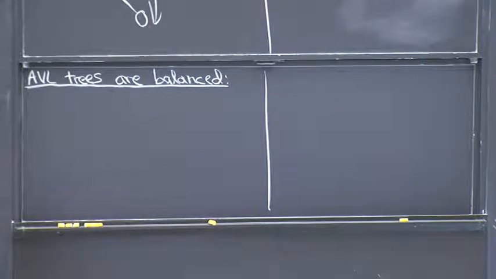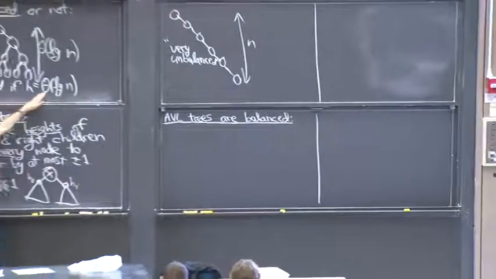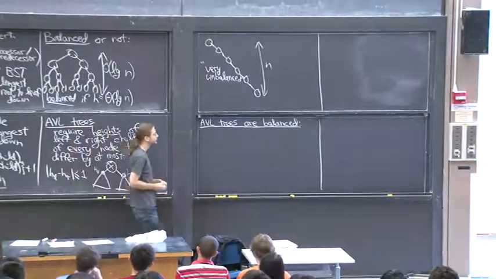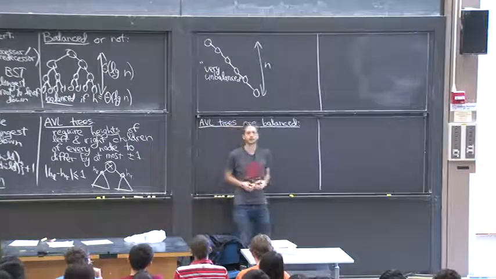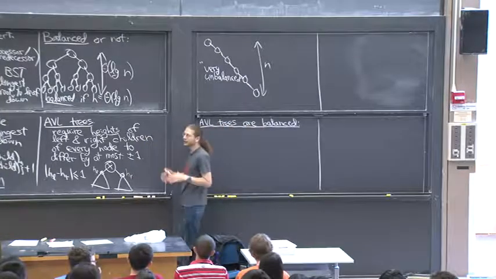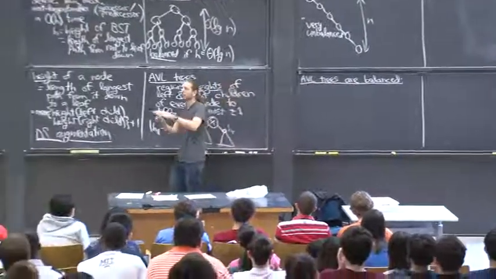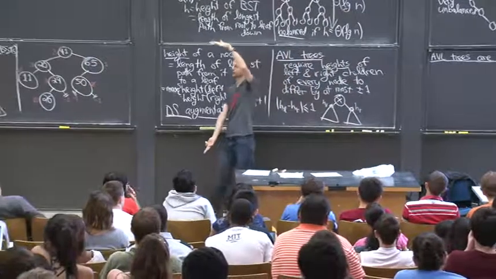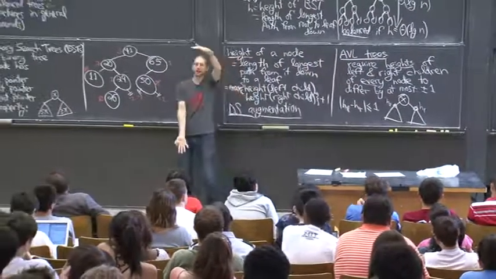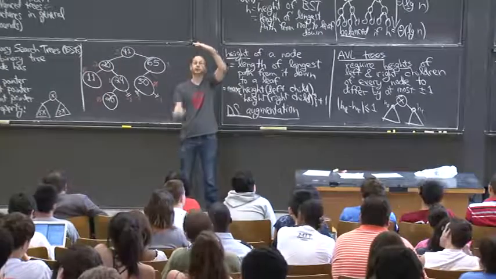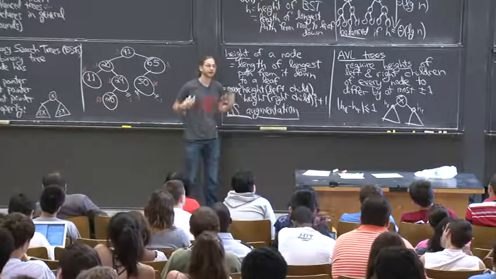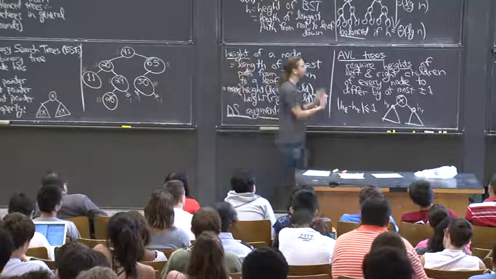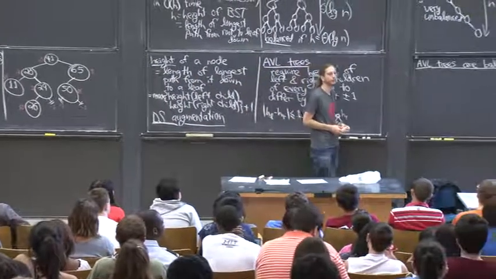We know it's at least log n, but we'd also like it to be not much bigger. So what do you think is the worst case? If I say I have n nodes, how could I make the tree as high as possible? Or conversely, if I have a particular height, how could I make it have as few nodes as possible? That'd be like the sparsest, the least balanced situation for AVL trees.